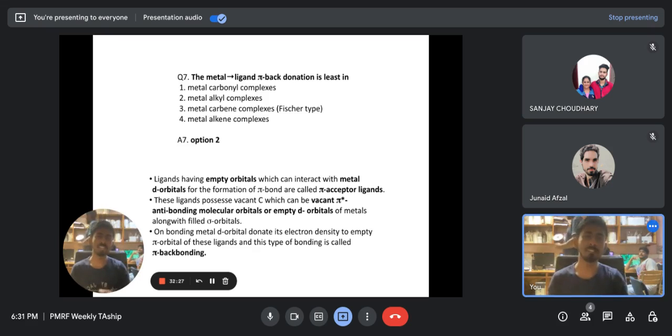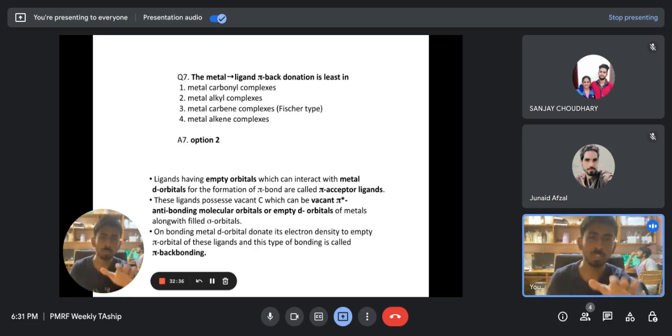So if we have a fluorinated alkyl group or perfluoroalkyl groups, then the orbital energy will drop down and be close in proximity to the metal orbitals. Then the metal will be able to push its extra electron density to the ligand framework.